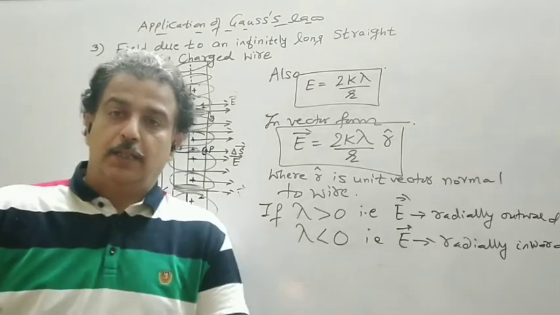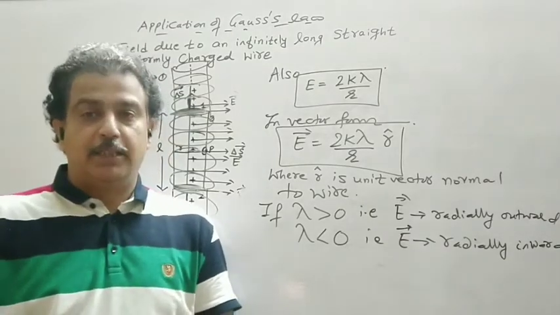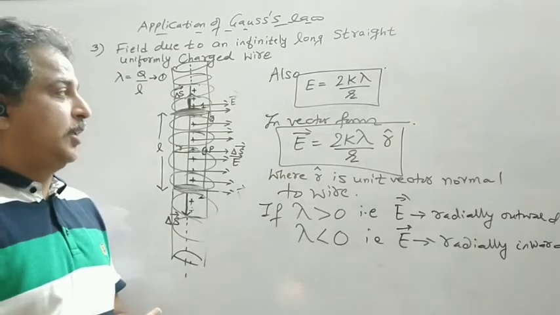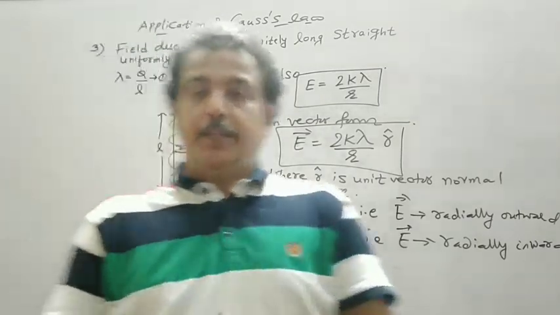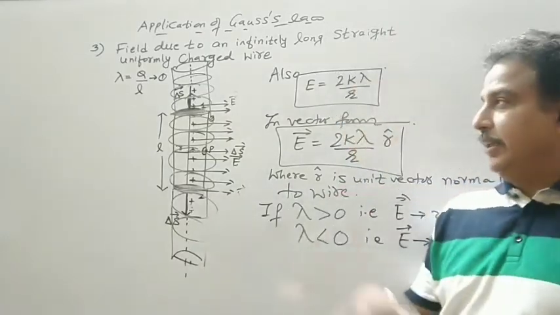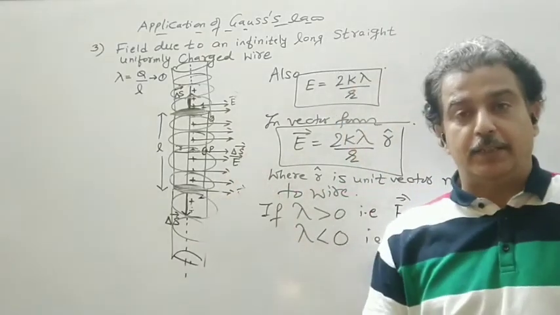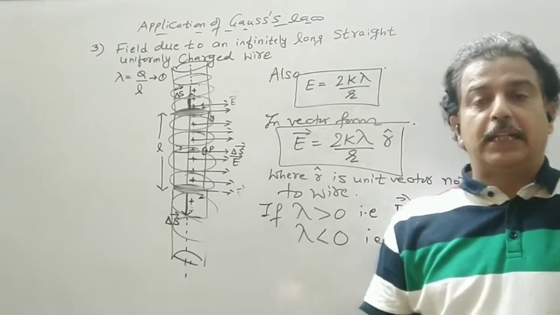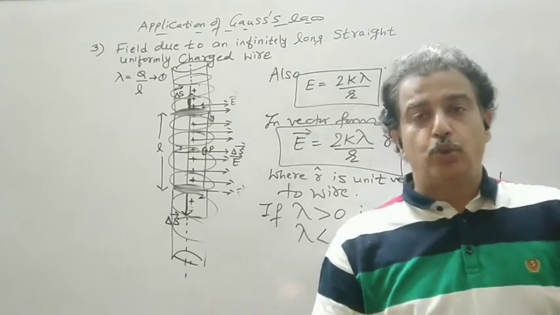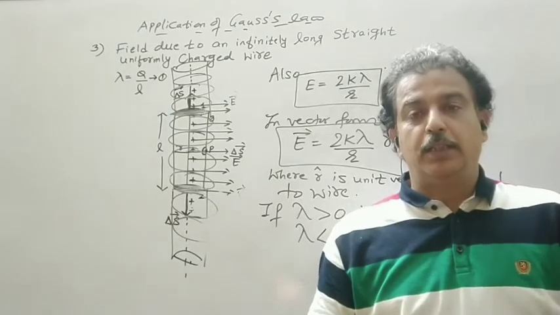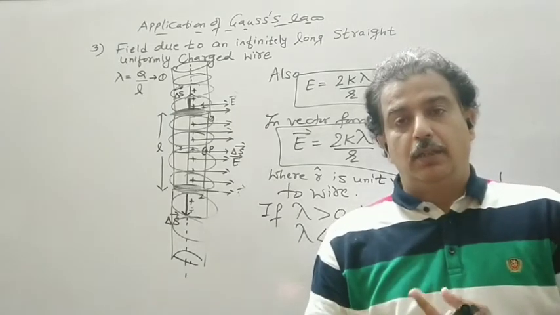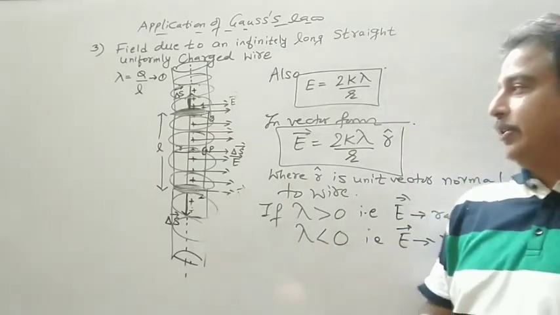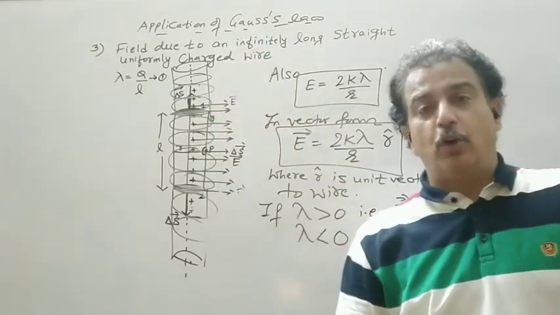Also we have completed the chapter as far as the theory is concerned. We have another application. In the book we have only 3 applications. The 4th application is to find the electric field intensity due to a solid sphere. We have done plane sheet, spherical shell, that is hollow sphere, and the 3rd application was an infinitely long wire.